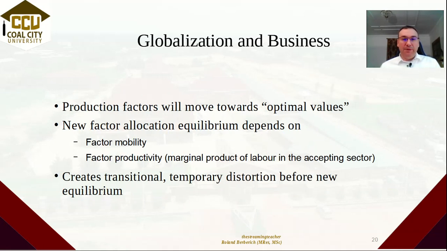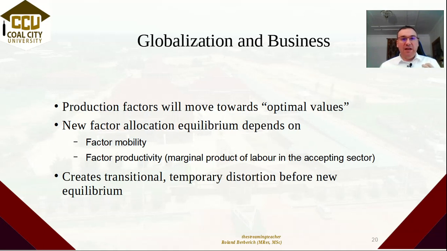Now, what happens if we are looking at these models and allow for this flow? Production factors will move towards the optimal value, which means the optimal mix between production factors in order to maximize output and minimize the cost.